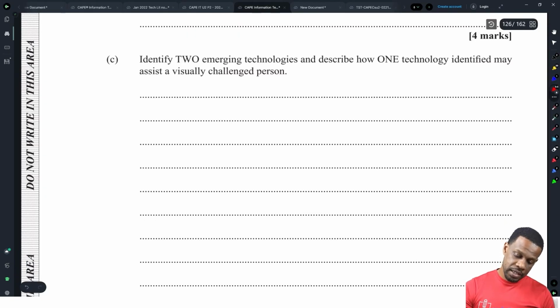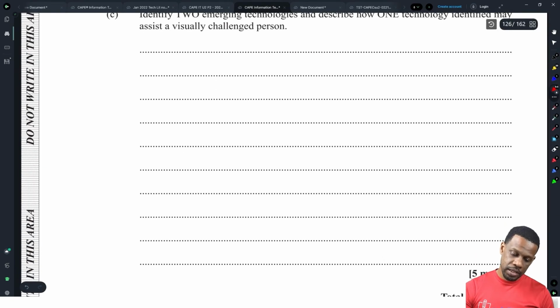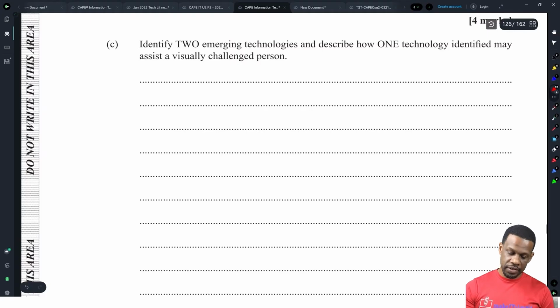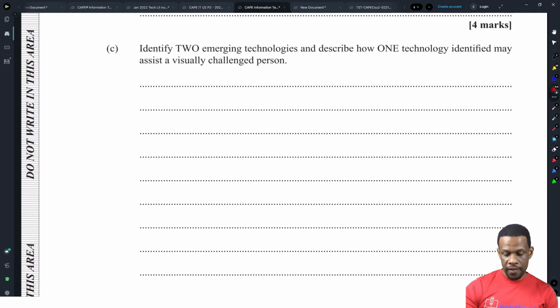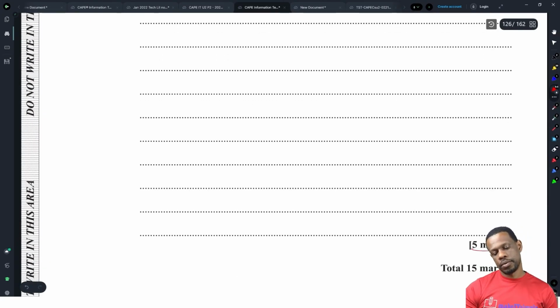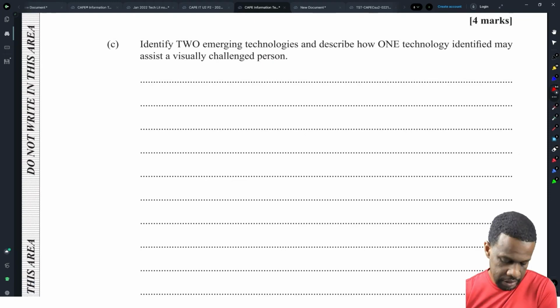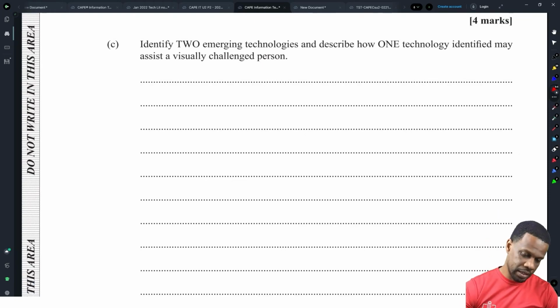Identify 2 emerging technologies and describe how one technology will assist a visually challenged person. 5 marks? Oh wow, this is more writing. Anyhow, this paper is built on writing, like writing and justifying is what Unit 2 IT is about. Okay, 2 emerging technologies.